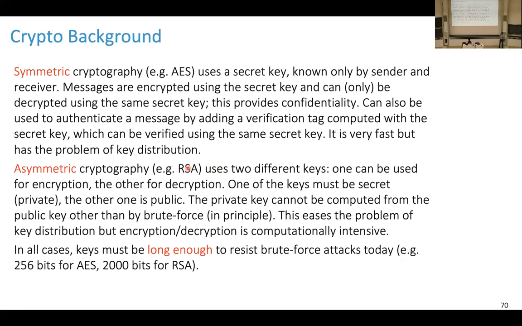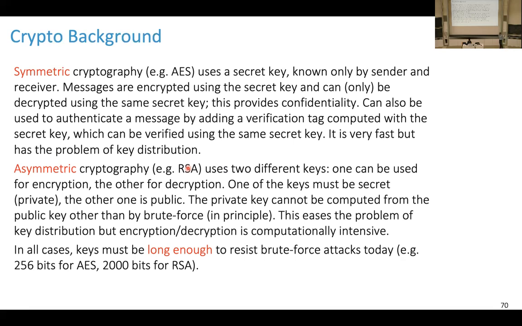And it's very difficult, if you have just the public key, to compute the private key. This is based on an algorithm, for RSA for example, that factorizes an integer into its prime numbers. So it's very difficult.